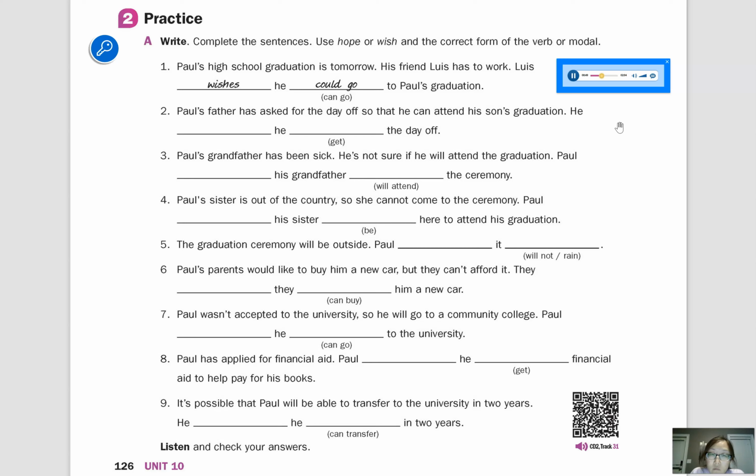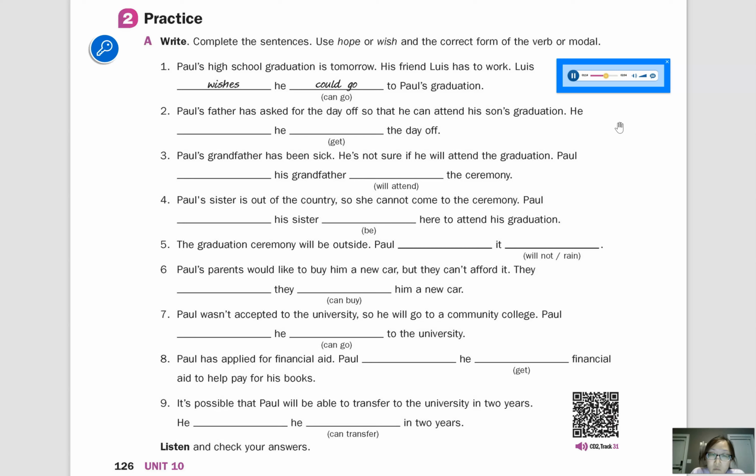4. Paul's sister is out of the country, so she can't come to the ceremony. Paul wishes his sister were here to attend his graduation. 5. The graduation ceremony will be outside. Paul hopes it will not rain. 6.